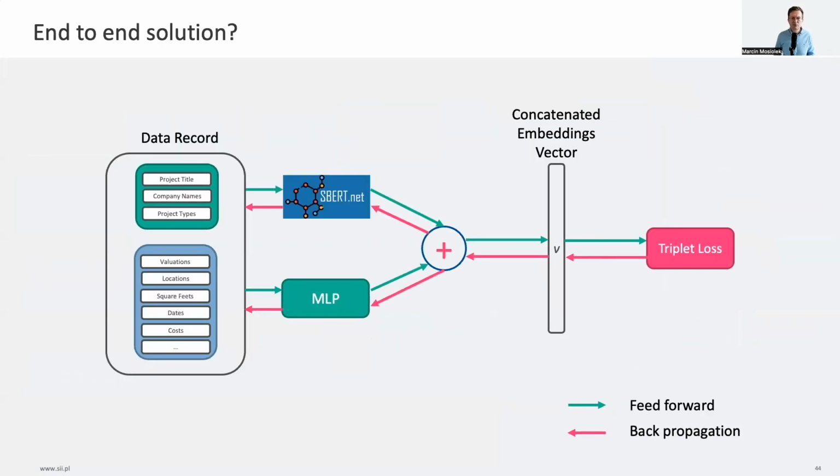Another interesting challenge would be to determine if we could build an end-to-end solution to create record embeddings. I mean, instead of first training SBERT and then attaching this small neural network, we could have a single model or train both models at once. And we may actually reconsider this idea pretty soon. But firstly, we wanted to deploy the current solution as it already brought a lot of business value.